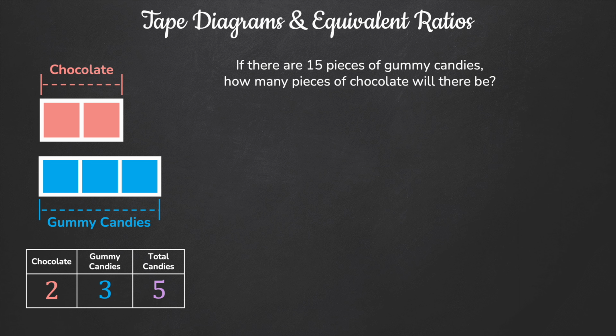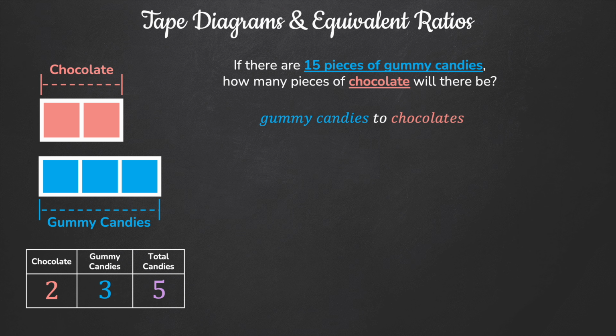If there are 15 pieces of gummy candies now, how many pieces of chocolate will there be? So we're talking about gummy candies and chocolate, and the ratio of gummy candies to chocolates is 3 to 2. And we know that there are 15 pieces of gummy candies.